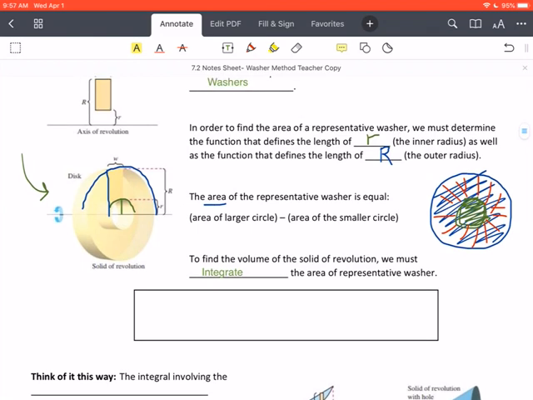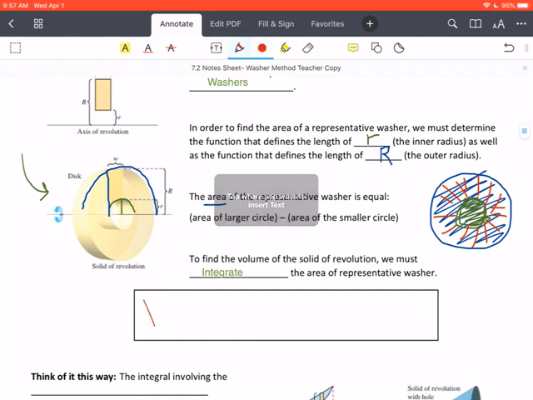We are going to use volume equals pi. We're still using pi r squared, but we have to find the area of the big circle and subtract the area of the small circle.